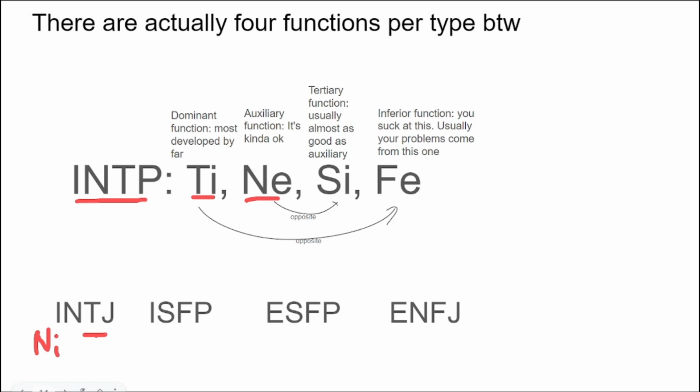Okay, so an INTJ has NI and TE. Can you find the third and fourth functions? I'm just going to write them on.